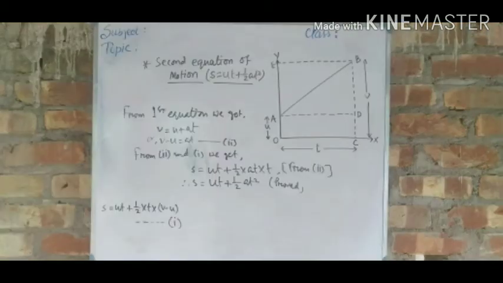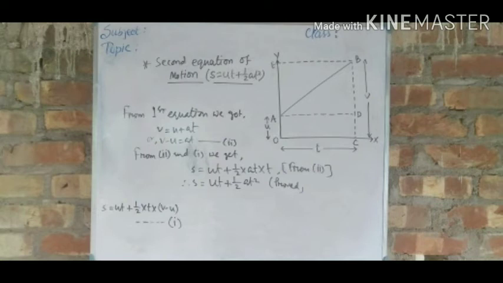Again we take the first equation of motion, v equal to u plus at. From here v minus u equal to at, which is our second equation.